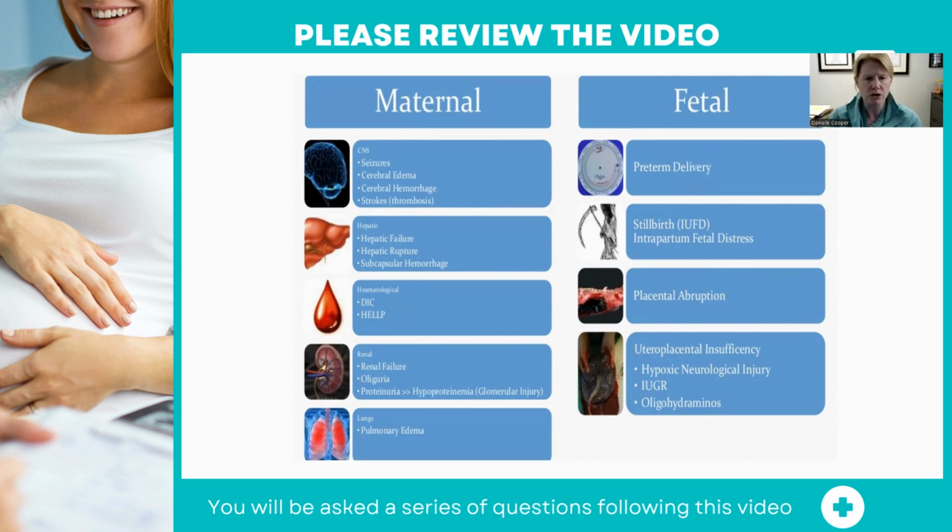And of course, strokes, liver failure, and bleeds from the liver, hepatic rupture, subcapsular hematoma or hemorrhage. These are really difficult to manage, but the patient is usually in a lot of pain. Certainly, DIC and HELLP syndrome are part of this spectrum.